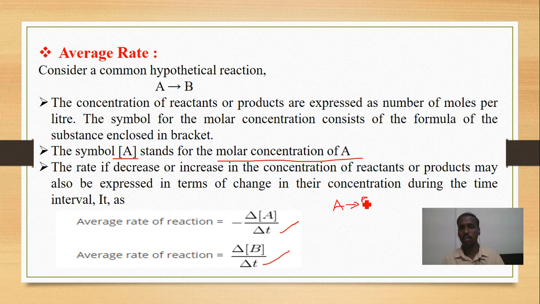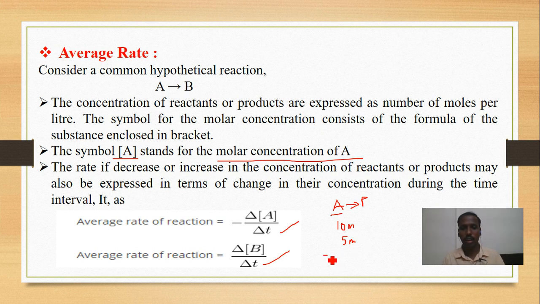For example, A becomes P. Here we need to find out the average rate of the reaction. Initially, the concentration of reactant A is 10 moles. After 10 seconds, it becomes 5 moles. Now, what is the average rate of the reactant?